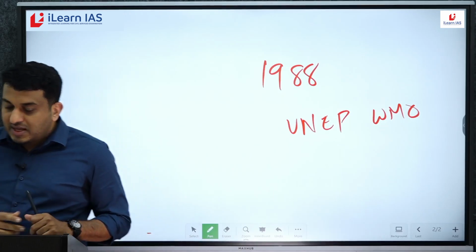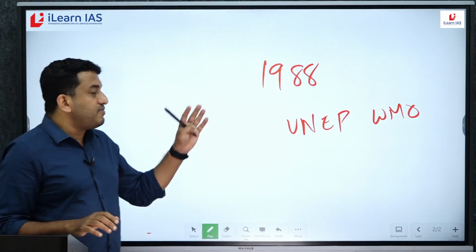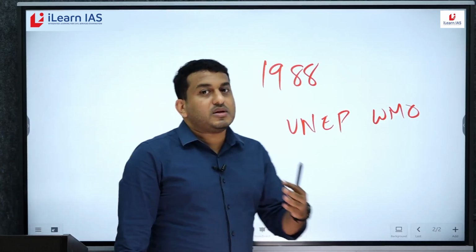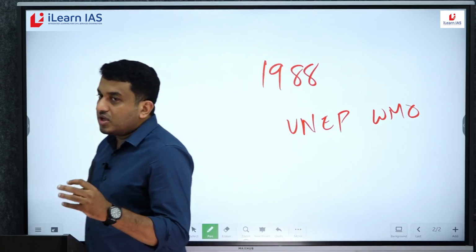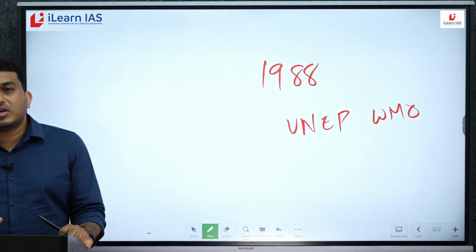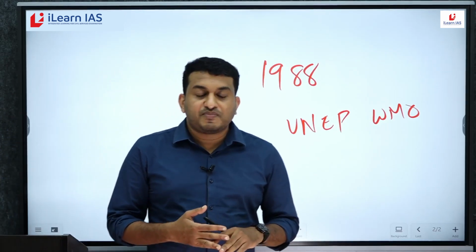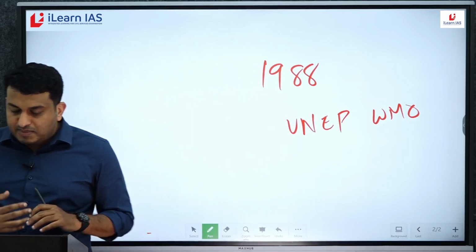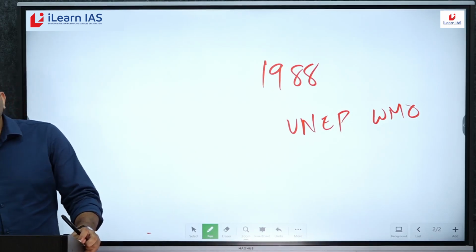Reports IPCC publishes are of two types majorly. One is the assessment report and the second is special reports. Upon the request of various organizations or countries, IPCC publishes certain special reports. Apart from that, IPCC produces what we call the assessment report.